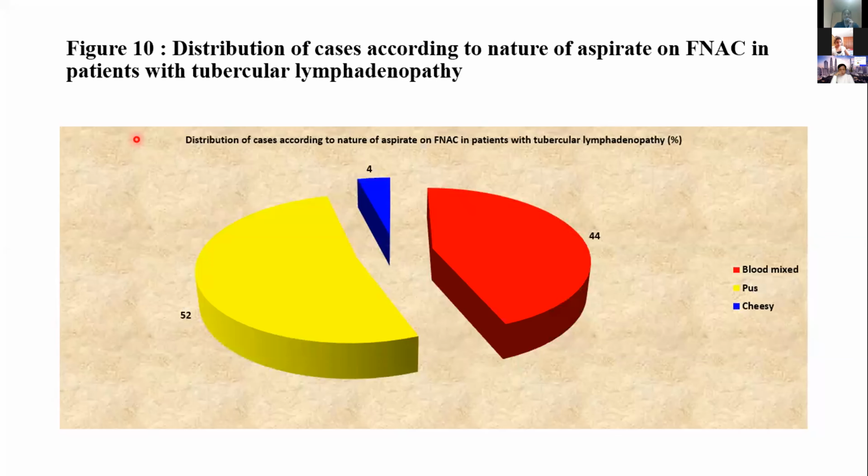Now, talking about the nature of aspirates on fine needle aspiration cytology, almost half of the patients had pus aspirate, 40% had blood mix aspirate, and 4% had cheesy aspirate.